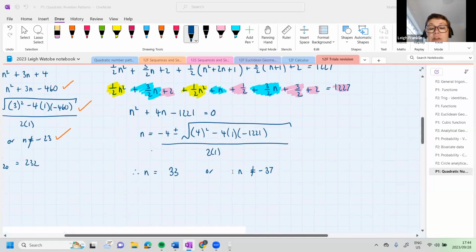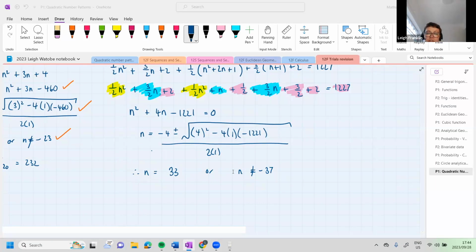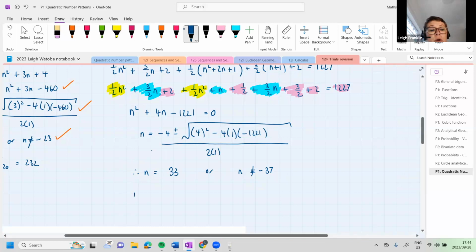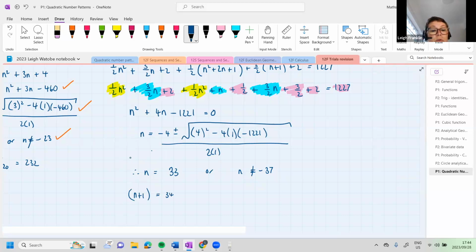Okay, so if n is 33, then n plus 1 will be position 34 in the pattern. Does that make sense to everybody? Cool. All right, so n is 33, which means that n plus 1 is going to have a value of 34. 33 plus 1. Okay, lovely.